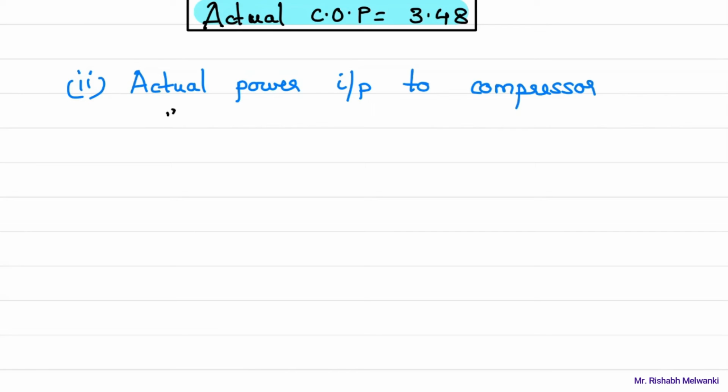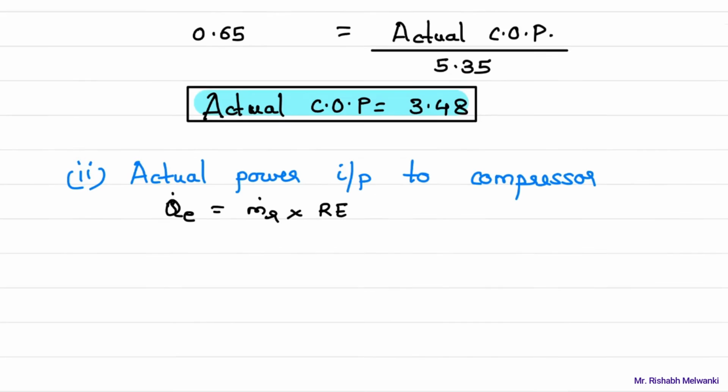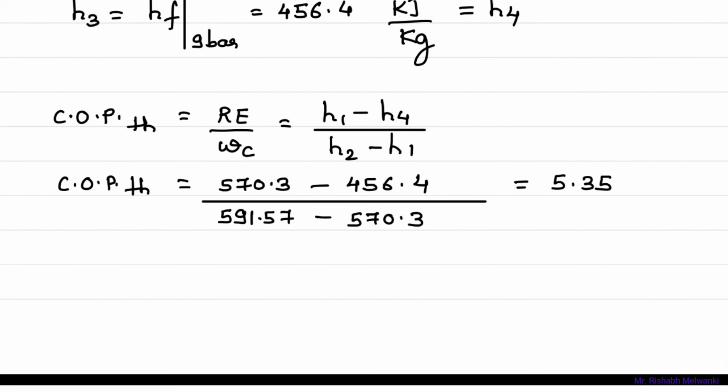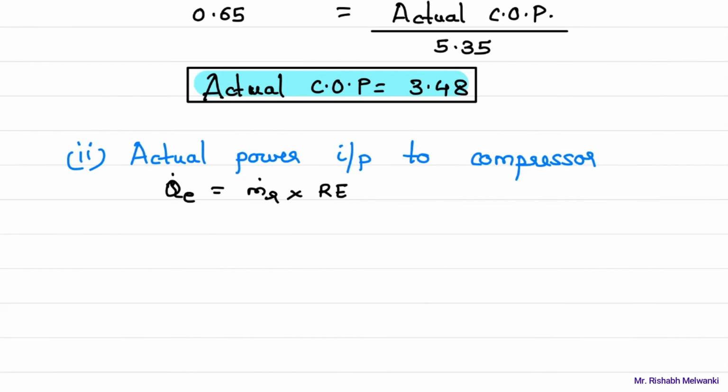Q dot E, the heat absorbed in evaporator, will be equal to mass flow rate of refrigerant into refrigerating effect. What is the refrigerating effect? Refrigerating effect is H1 minus H4. So m dot R into H1 minus H4.